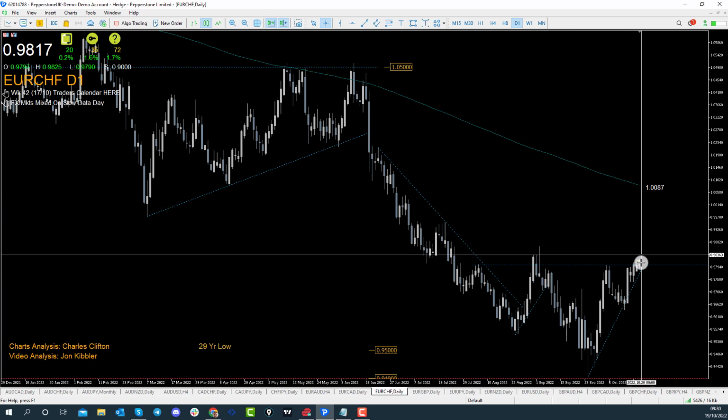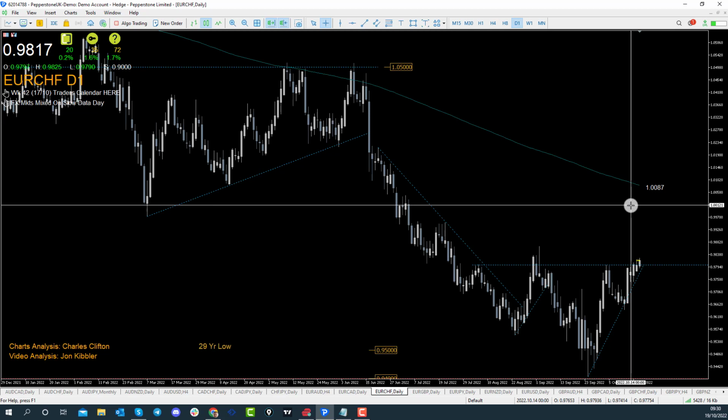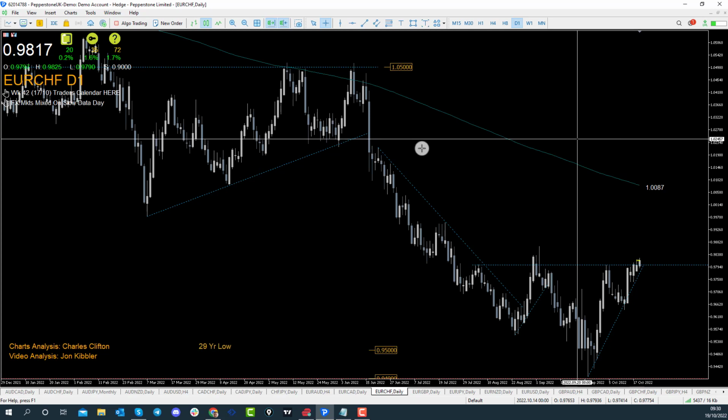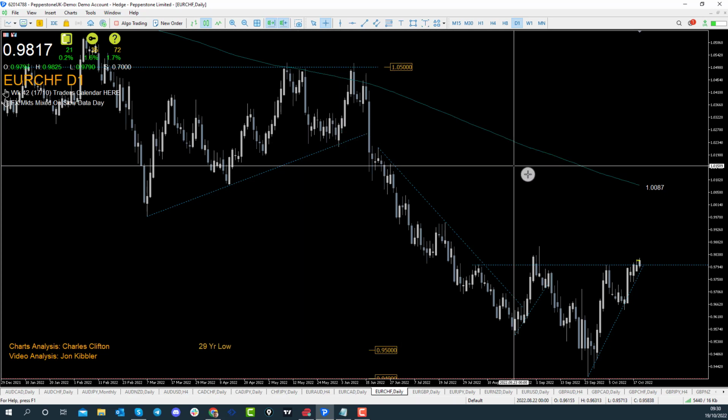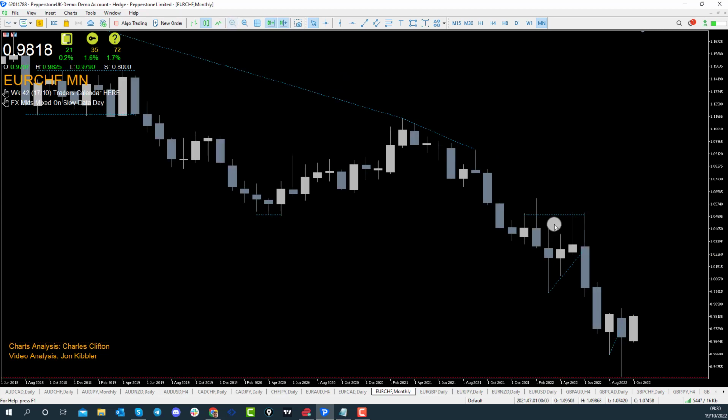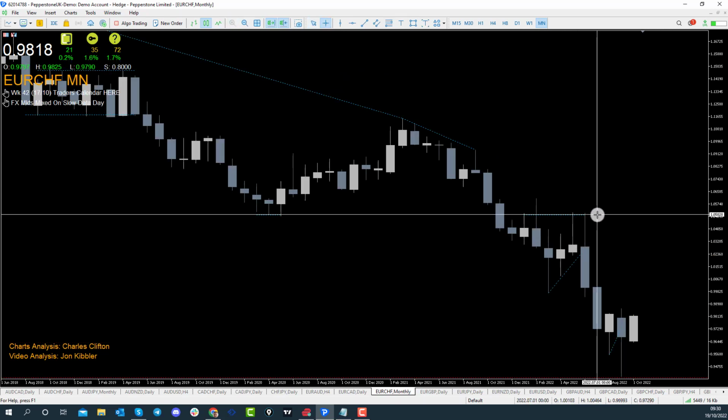If price was to trade out of this area, parity could be the first target. You've then got other targets, so you could look at the 1.0250 handle, which is all these lows over here. And if price was to really take off, we could expect price to maybe retest these monthly highs up here, which is around the 1.0500 handle.